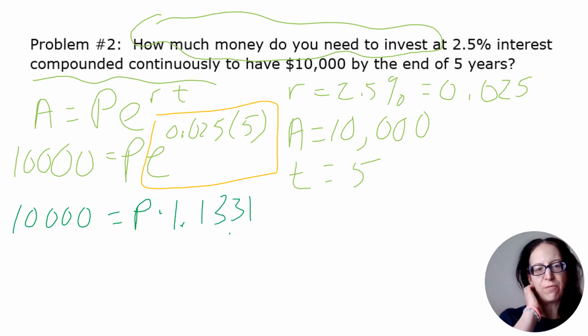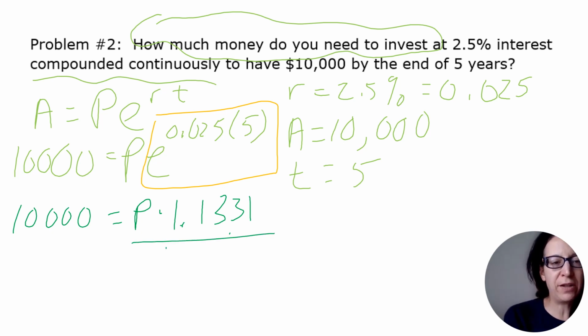1.1331. Now we don't have any rules here for how many decimal places we carry it out. So that's multiplication. I'm looking for the P value, so I will divide by whatever it is I am multiplying by.